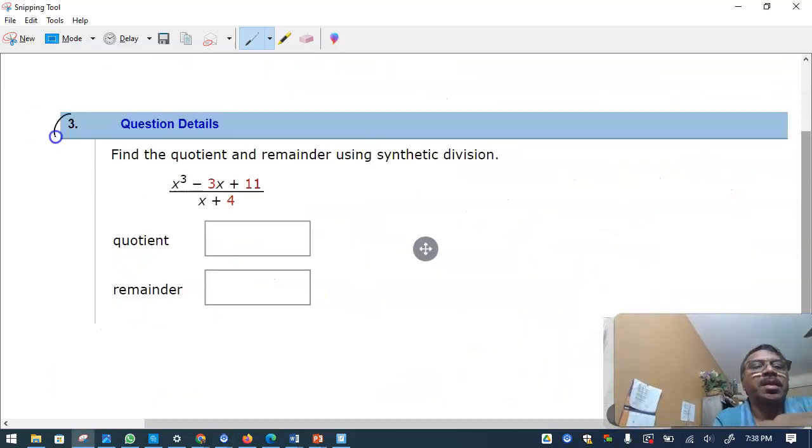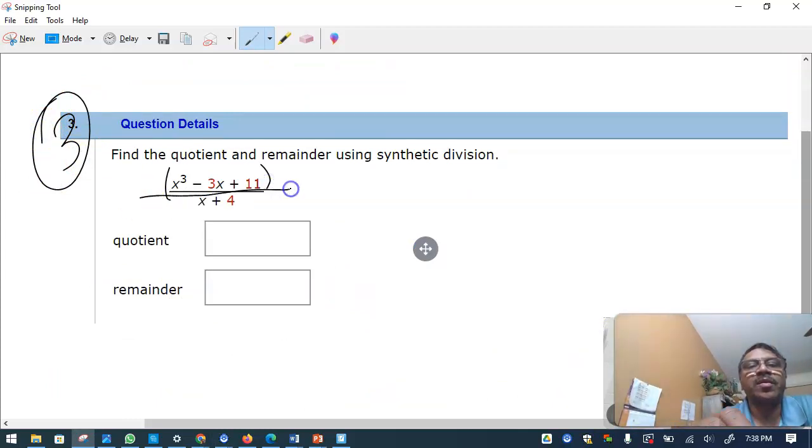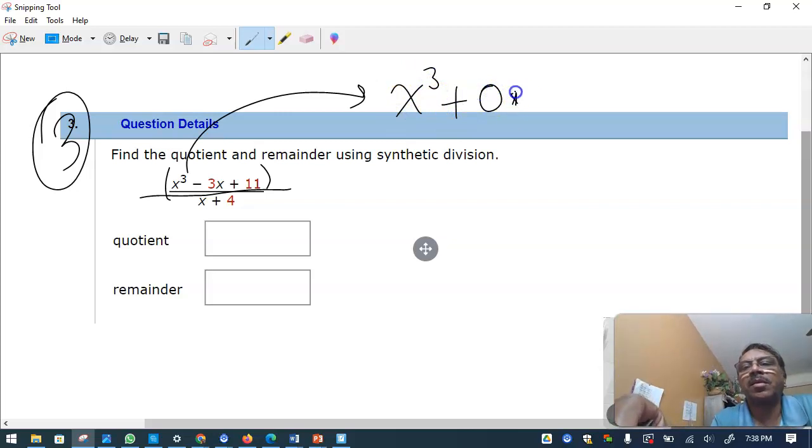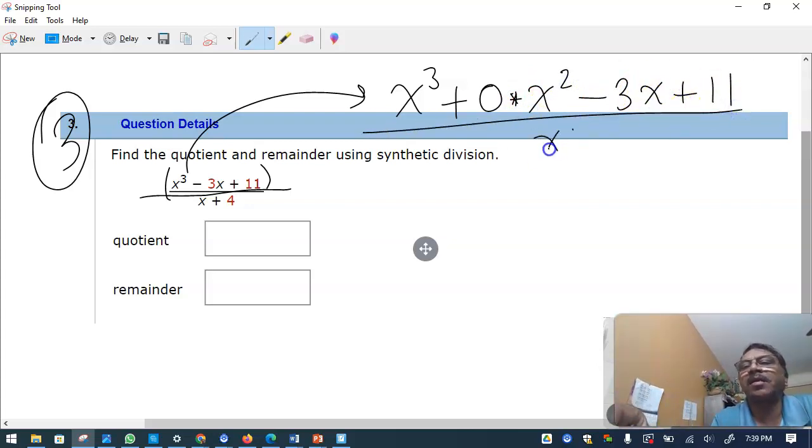In problem number 3, the difference right here is this is a cubic. And you can see it is in the standard form, but there's a quadratic term missing. It is like 0 times x squared. So this term is missing, and then it is -3x and plus 11, the whole thing divided by x plus 4.